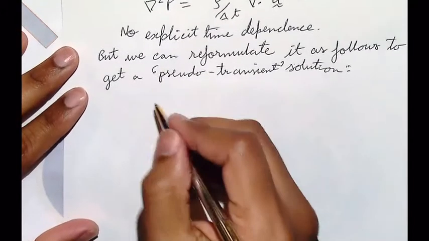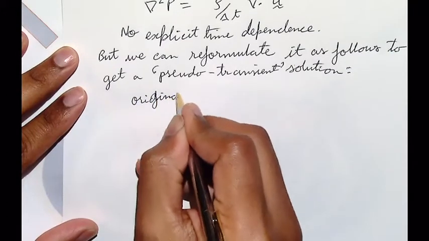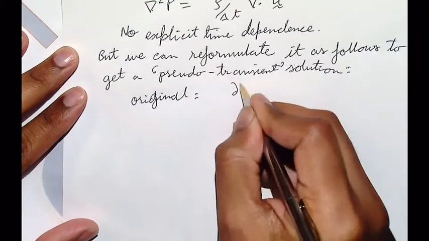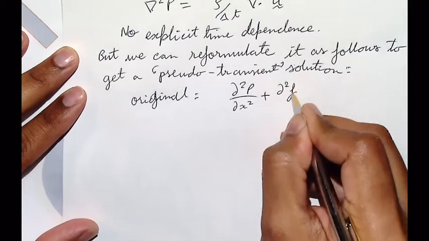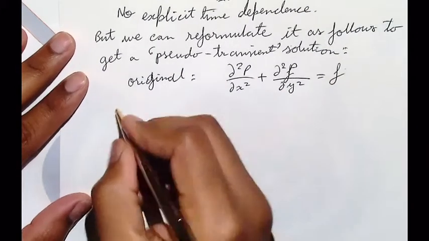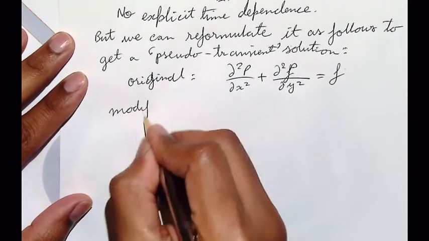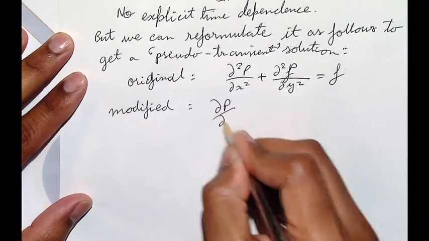Okay, so let's see. Original problem is del 2p over del x squared plus del 2p over del y squared equal f. Okay, and modified looks like del p over del tau.